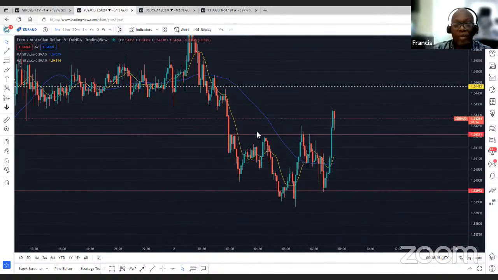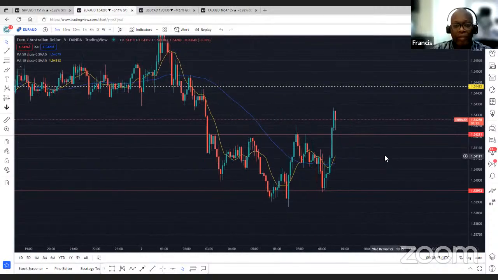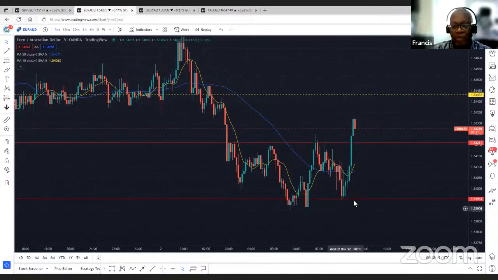All right, Euro Aussie dollar has broken out as well from here. It's broken out from our zone.